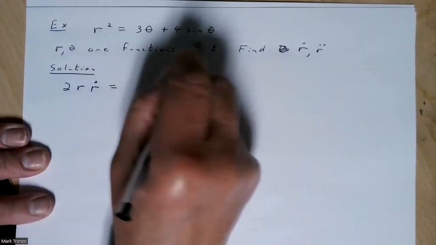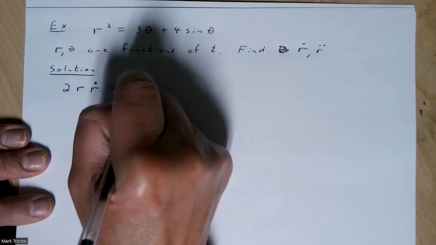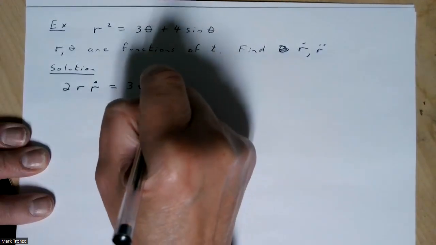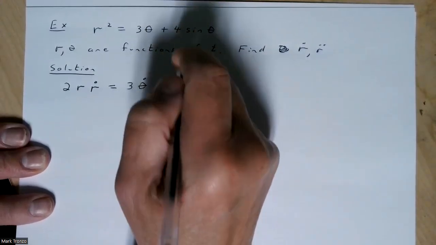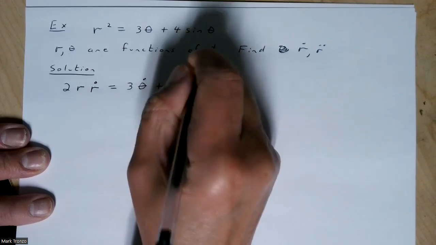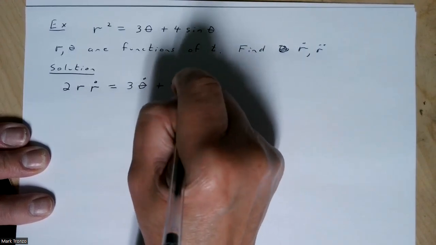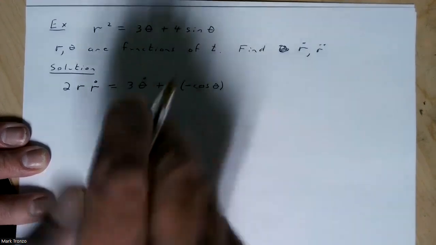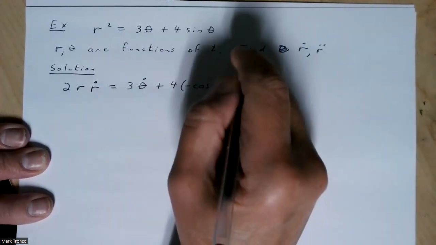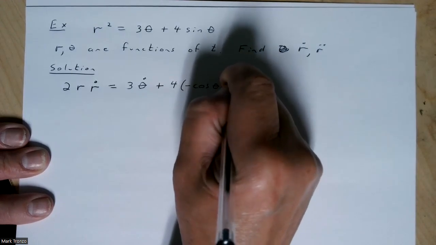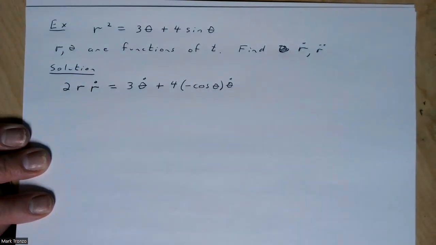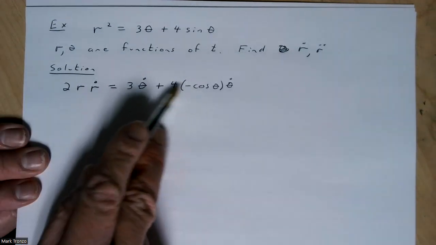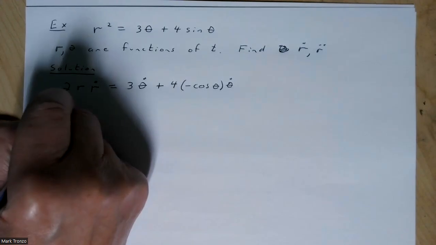And then just go across. This would be 3 theta dot plus 4. Again, the derivative of this is going to be negative cos theta. We have to use a chain rule, so it's going to be theta dot. And now we could clean this up a little bit more.